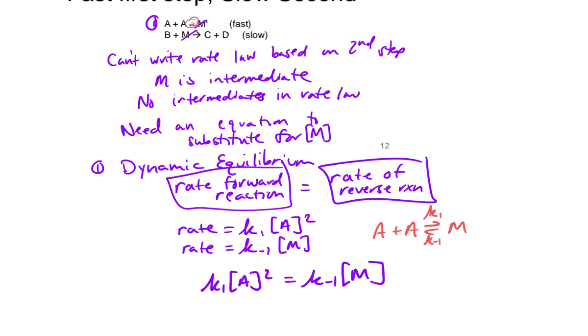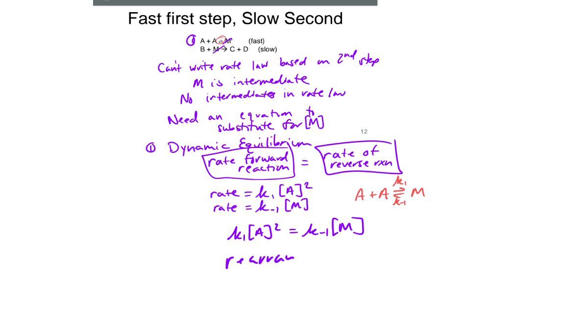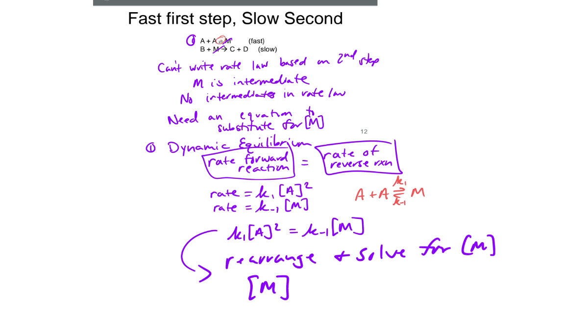Now we have an equation, and we can rearrange it and solve for M. The reason we're doing that is that if we wrote the rate law based on the slow reaction, we would have to include M in there, but we can't do that. So M is going to be equal to K1 over K minus 1 times A squared. I'm going to keep the rate constants together in a fraction.